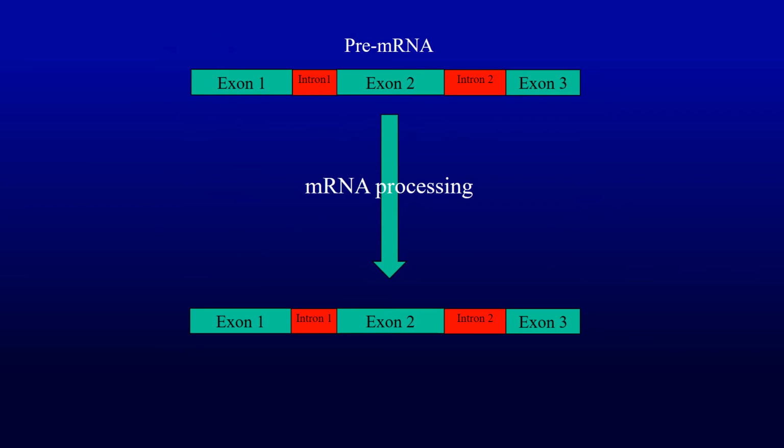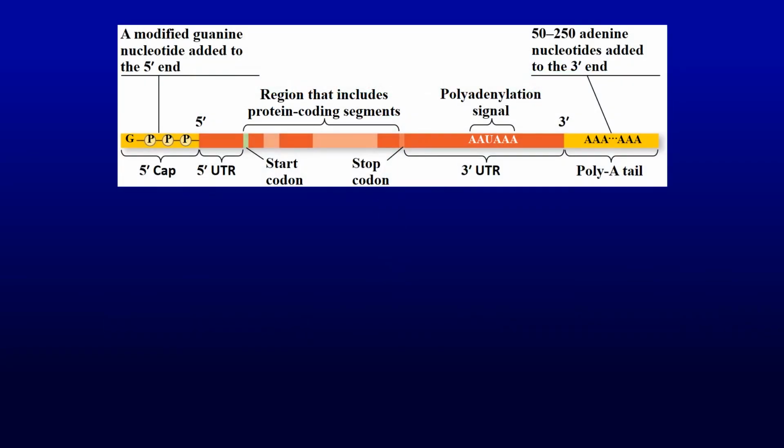Alright, so RNA processing then. The first part of RNA processing is we take our pre-messenger RNA and we add a 5' cap on the 5' end, and we add a poly A tail on the 3' end. That's quite simple. So this diagram's out of your book, and you can see that there's the 5' cap and there's the poly A tail.